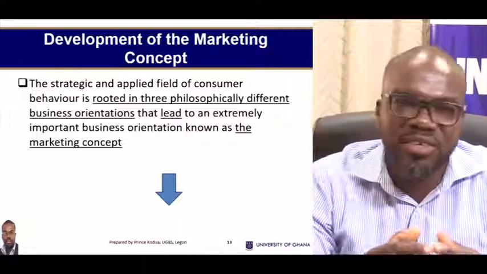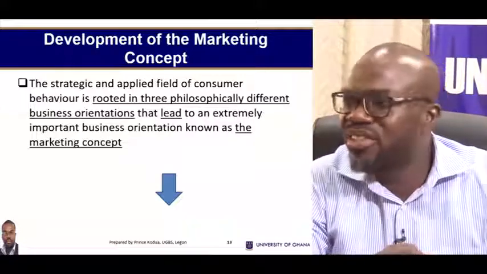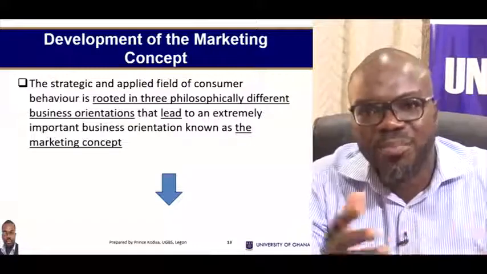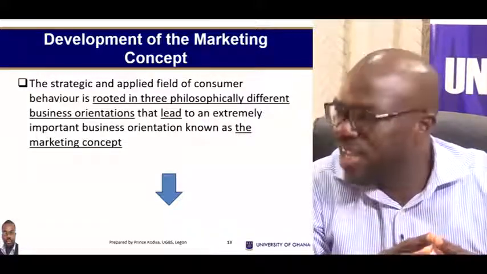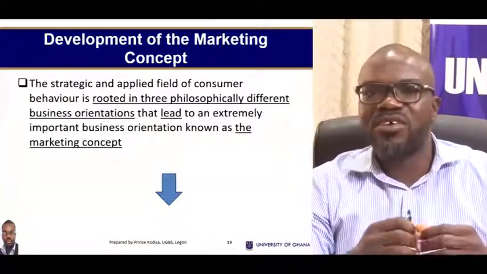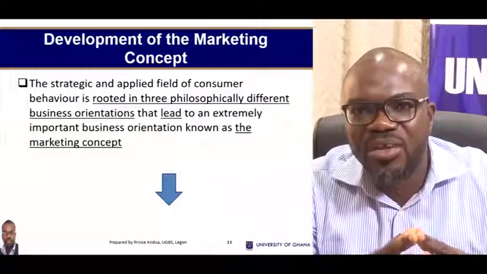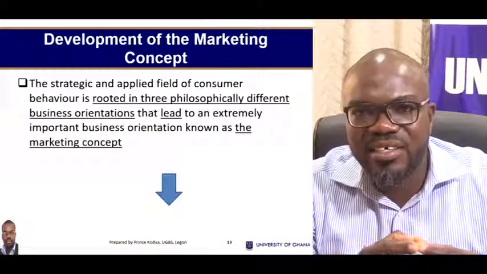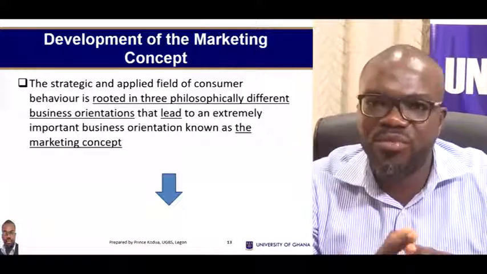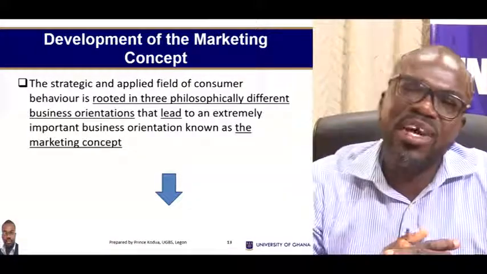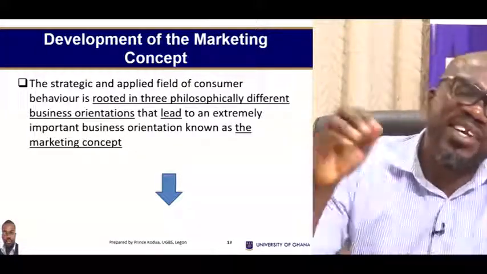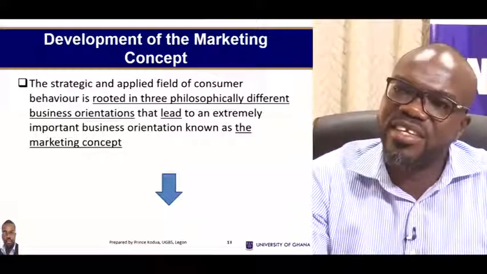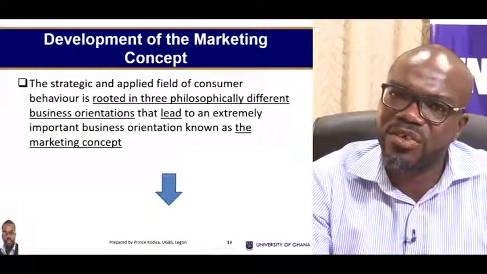Consumers at the time were not that sophisticated, so they wanted generic goods at cheaper prices. So businesses at the time were always looking for more efficient ways of producing what consumers want, without paying attention to the peculiarities or the dynamic nature of the needs of the consumer.